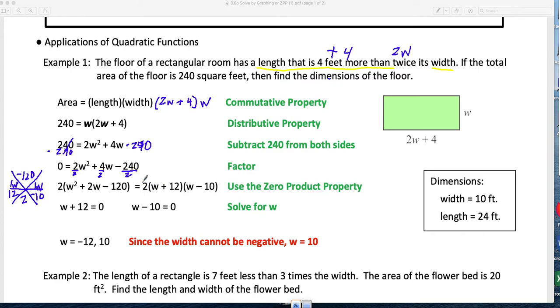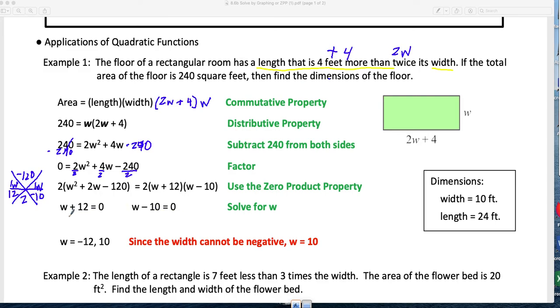So my factors now, there's my GCF, don't throw it away. My factors are W plus 12 and W minus 10. All right, the zero product property says that if I multiply two things together and their product is 0, then one of them must be 0. So we take these out of here and separate them out and set them both equal to 0.